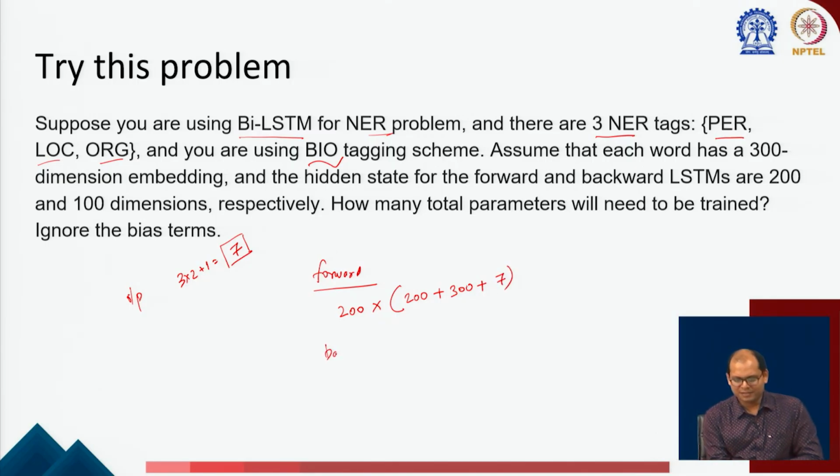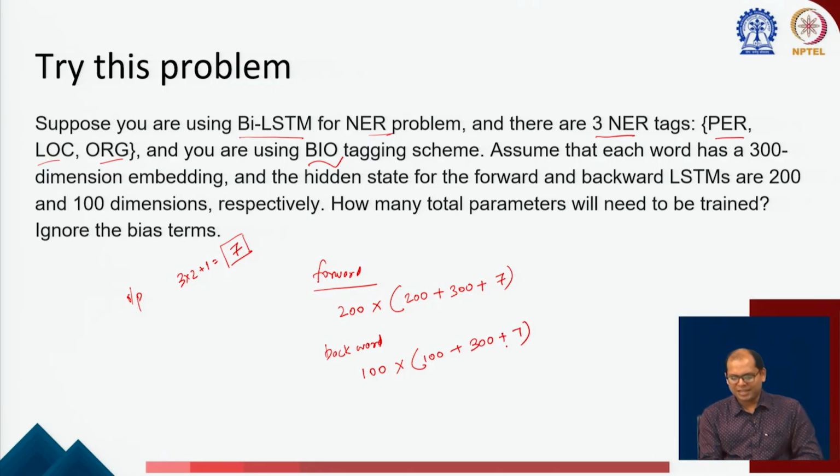In the backward RNN, because the hidden dimension is 100, you have hidden to hidden 100 times 100, input is 300, and output is 7.